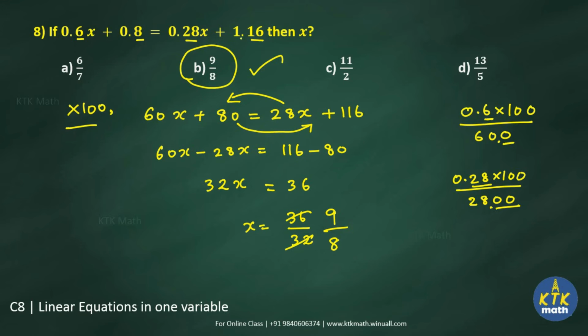Automatically all the decimals vanish and you get only whole numbers, so it is very easy to solve further. That's the reason I am suggesting this method. If you are very comfortable solving with decimals itself, then you can go ahead. Anyhow, the answer is going to be the same. Now shall we go to question number 9?